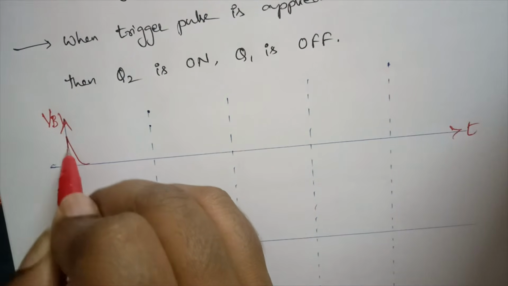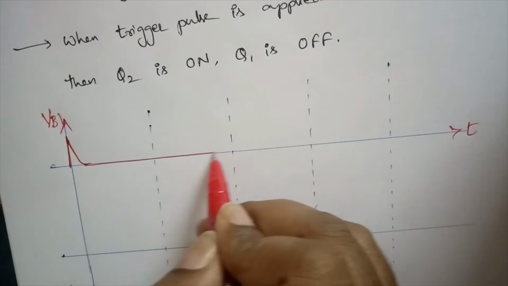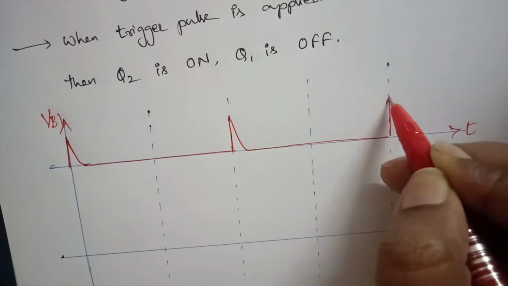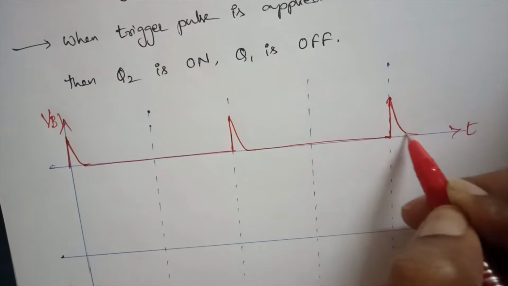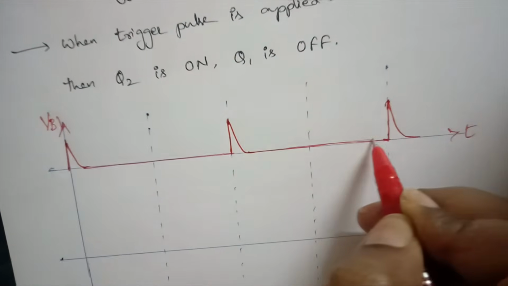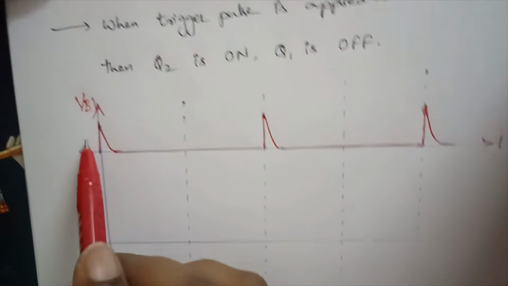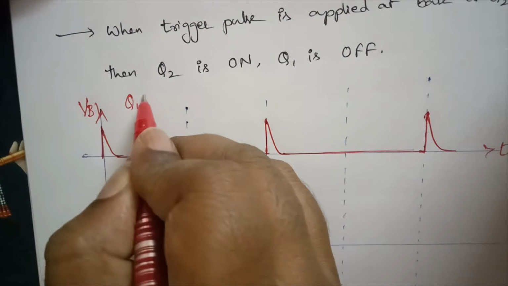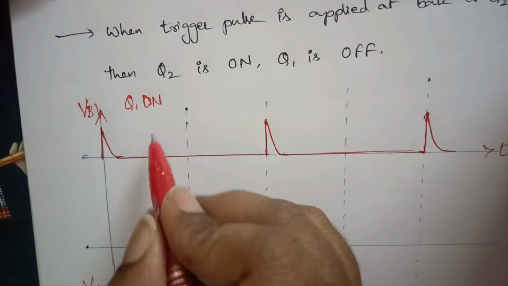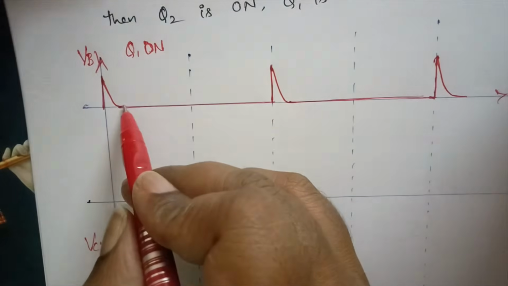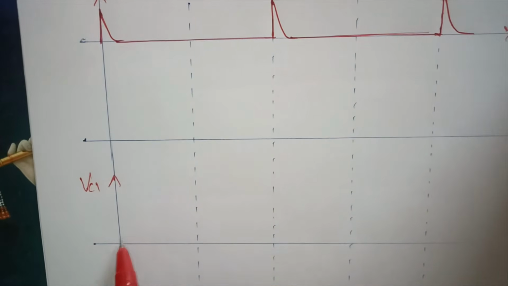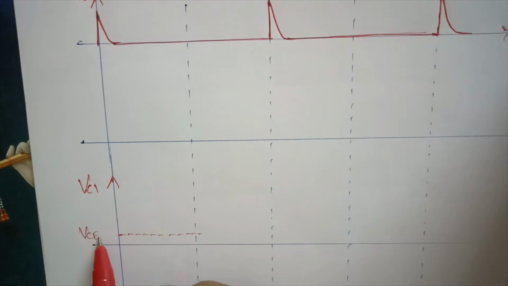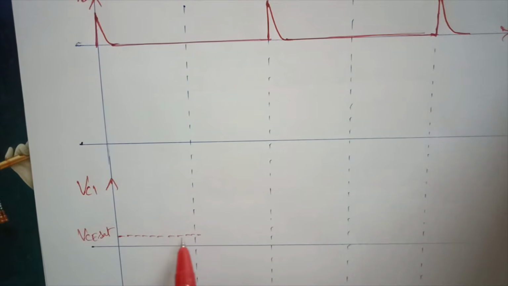Initially I apply a triggering pulse like this, and here I apply one more triggering pulse. These are the triggering pulses. When we apply VB1, the transistor Q1 is on. When Q1 is on, the output at Q1 is Vcesat, that is 0.2 volts.